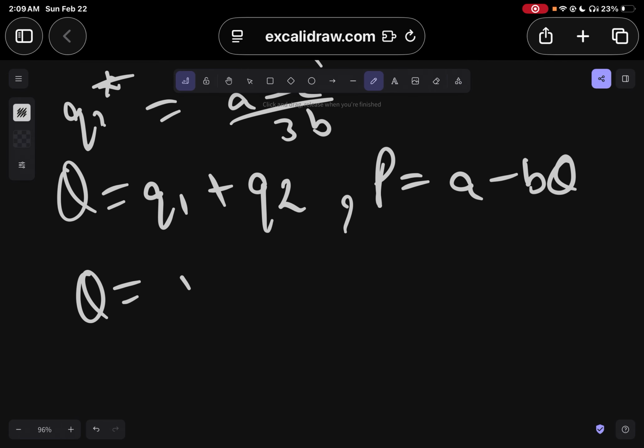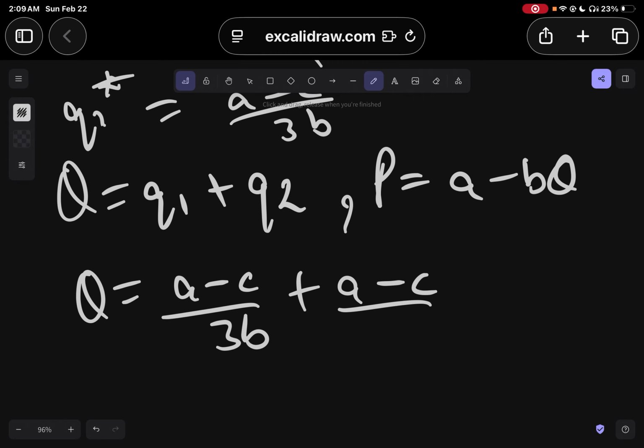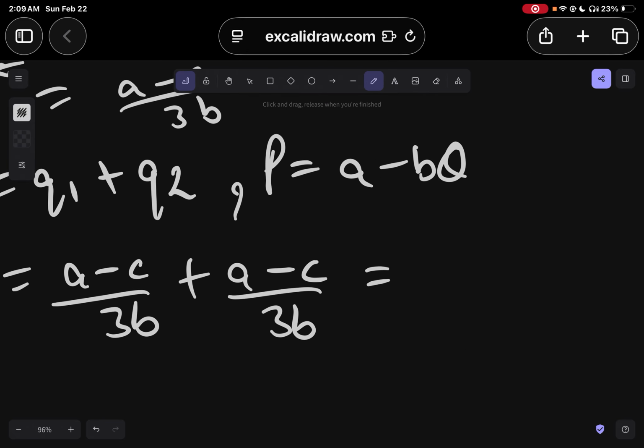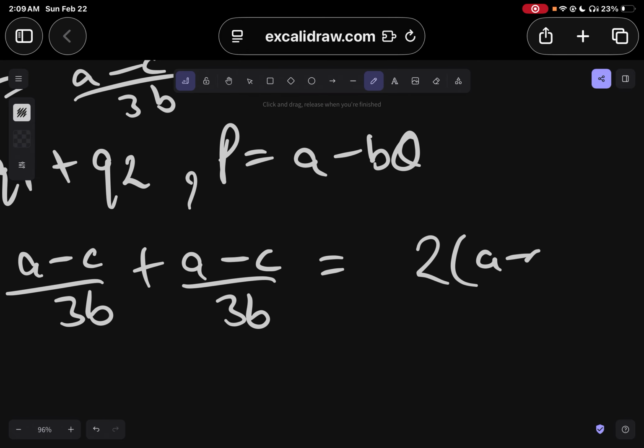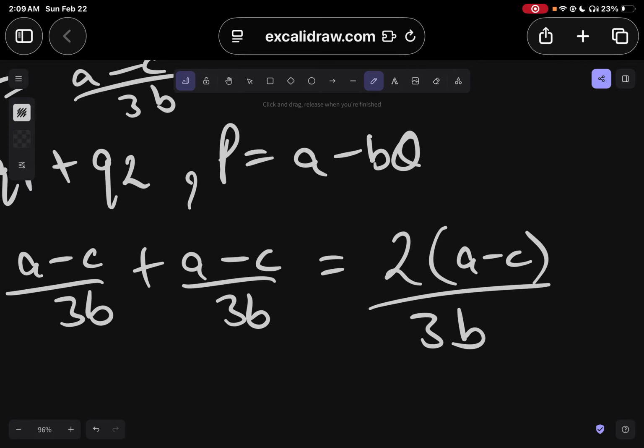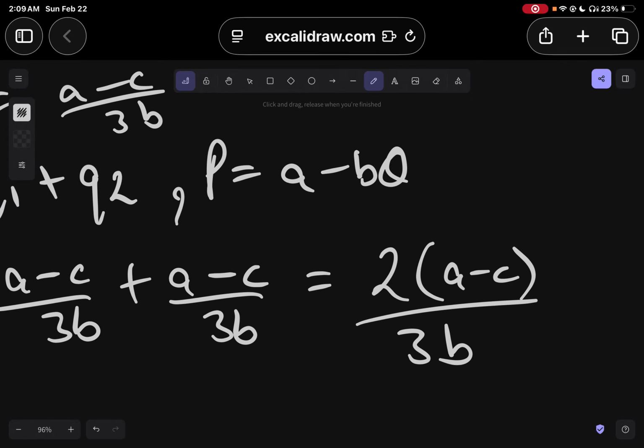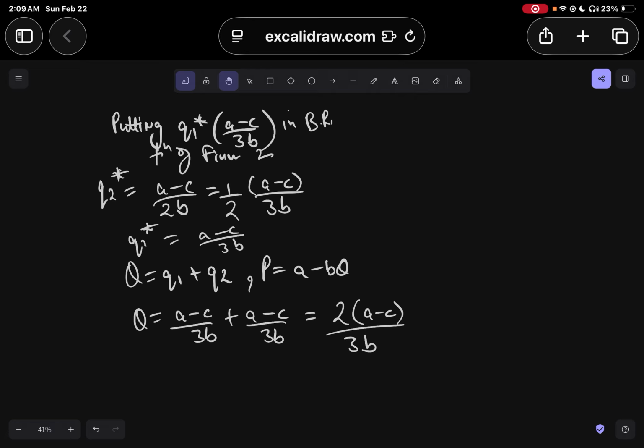So quantity will be A minus C upon 3B plus A minus C upon 3B, which will be equal to 2 times A minus C upon 3B. So in the Cournot model, the firms produce 2 by third, which is more than monopoly but less than perfect competition. Let me just show it how.